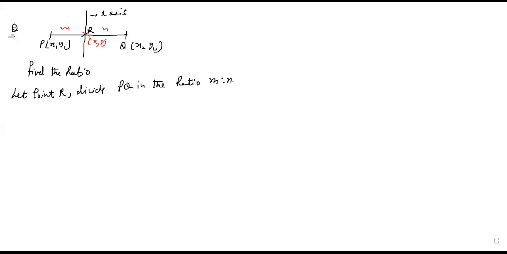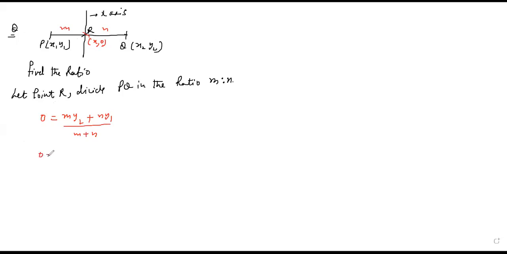Because this point lies on the x-axis, my y coordinate is 0. I will concentrate on y. So my y coordinate is 0, which is equal to (m y2 + n y1) upon (m plus n).